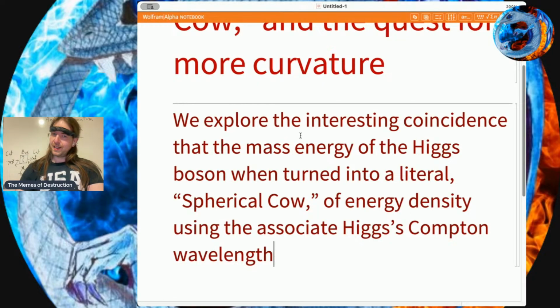Let's see. Explore the interesting coincidence: the mass energy of the Higgs boson when turned into a literal spherical cow of energy density. Should be a semicolon: using the associated Higgs Compton wavelength.